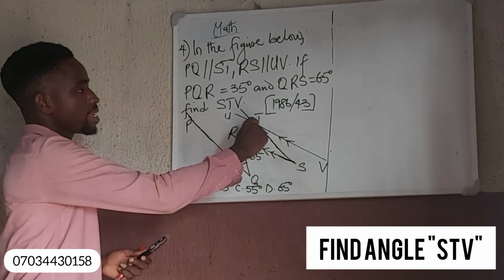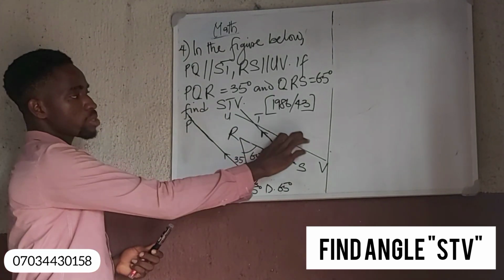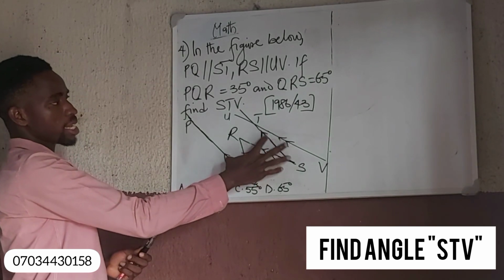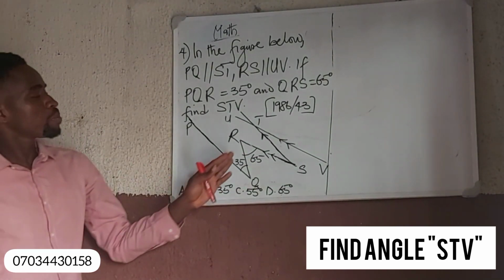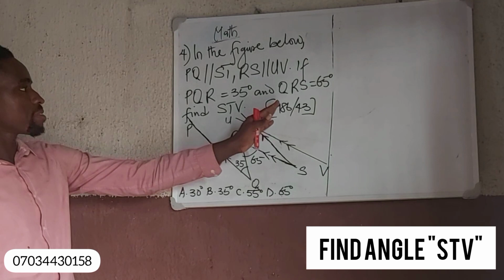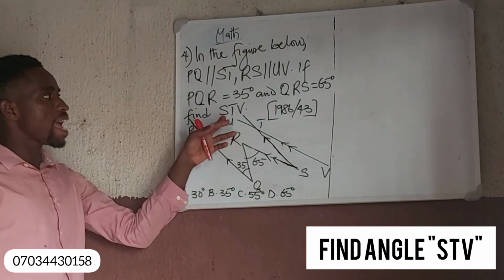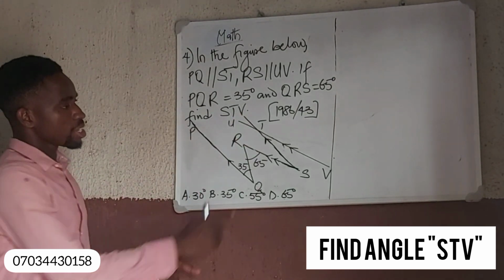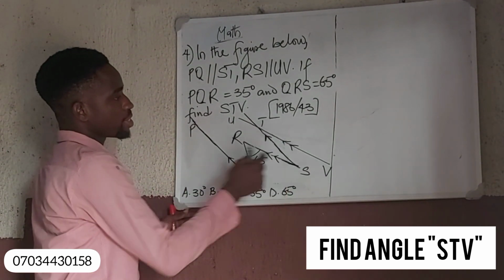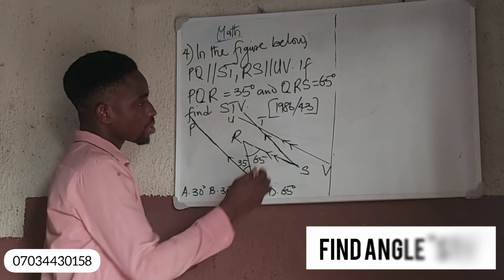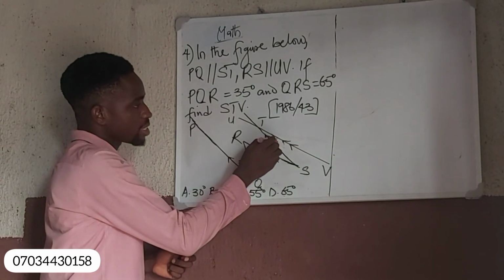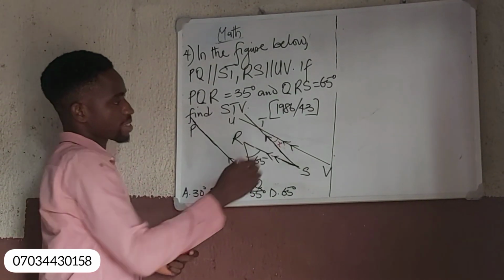You can see the double arrows indicating that these two are parallel, single arrows indicating that these two are parallel. We are given the values of some other angles, 35 and 65, and we are told to find STD. So the angle we are looking for is located here. We can call it X, for instance.